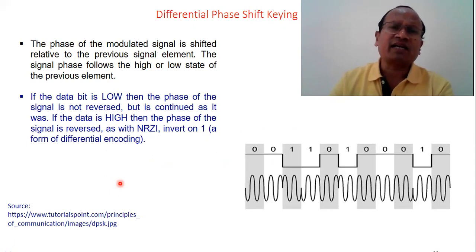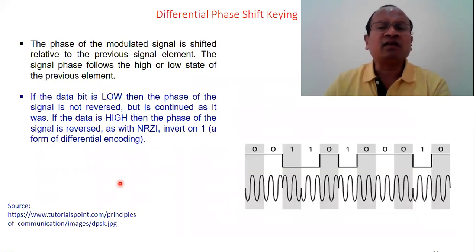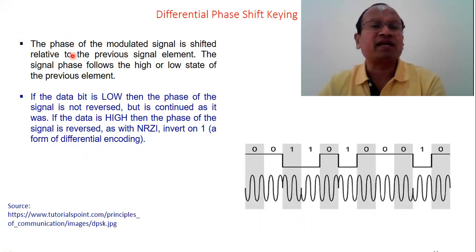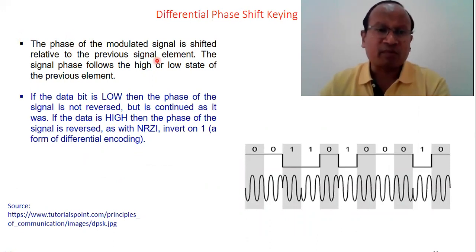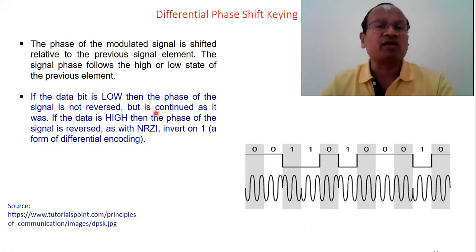There is another category called DPSK, which stands for differential phase shift keying. The phase of the modulated signal is shifted relative to the previous signal element. The signal phase follows the high or low state of the previous element. When we discuss DPSK in detail, we'll understand this is a separate digital modulation method.